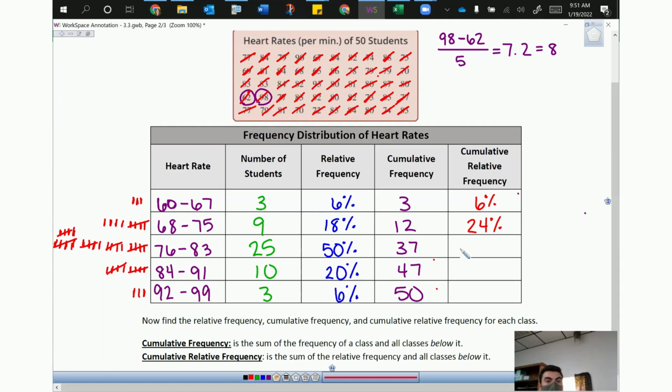So my third column here would be 6 plus 18 plus 50, which would be 74%. My fourth column would be 6 plus 18 plus 50 plus 20, which would be 94%. And then my last column would be all of these bad boys added up together, which would be 100%. And if you did it right, you should definitely have 100% there.